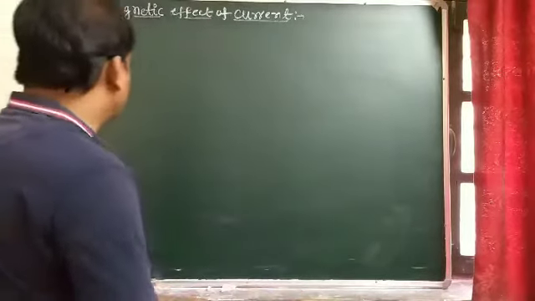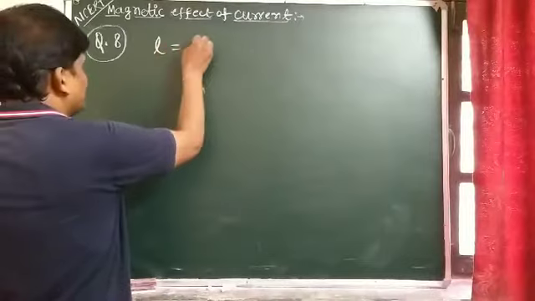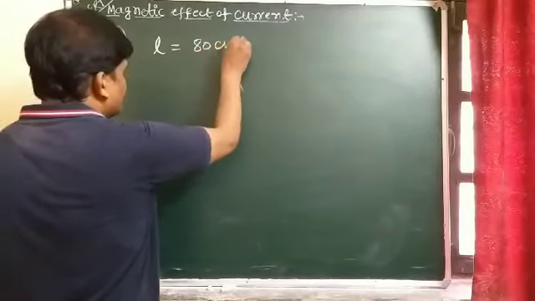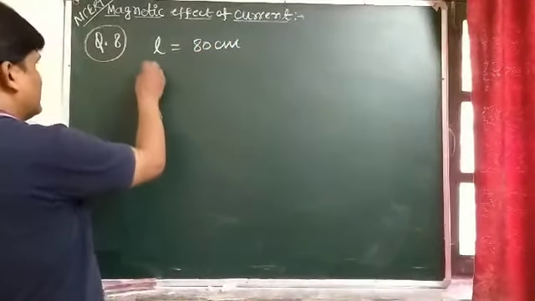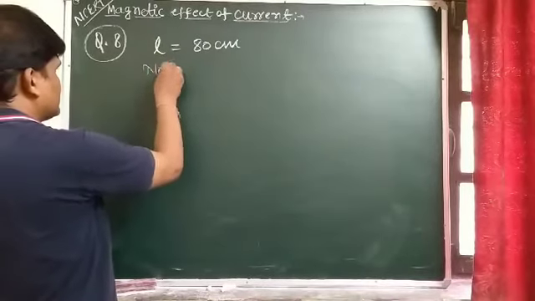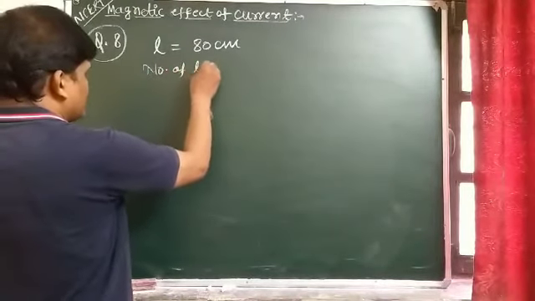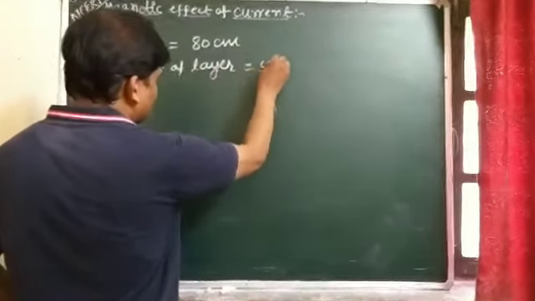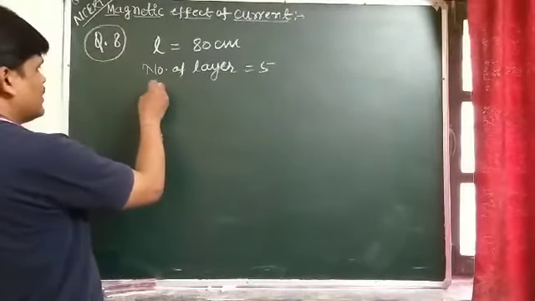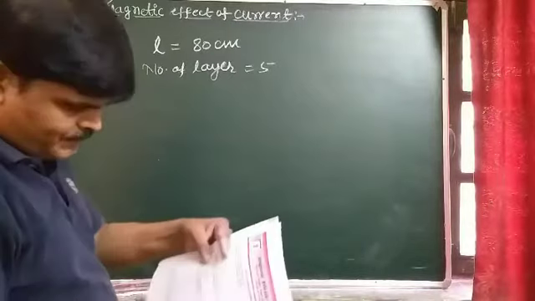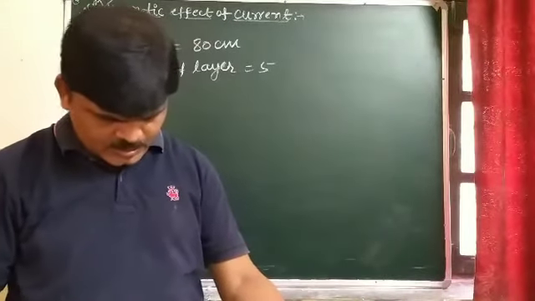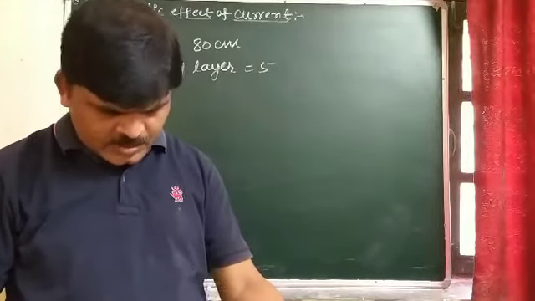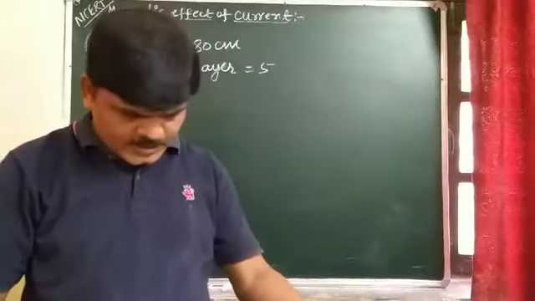So the length of the solenoid is 80 centimeter, and the number of layers is 5.